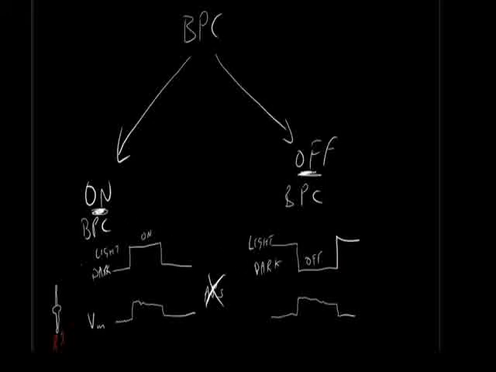So it might help if I draw a yellow line where the neurotransmitter is being released. So the neurotransmitter is being released here, and that's causing the membrane potential to go down. So that's inhibitory. Here, the neurotransmitter is being released here, and that's causing a depolarization. So that's excitatory.